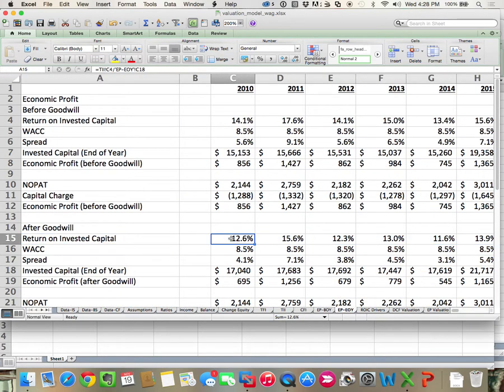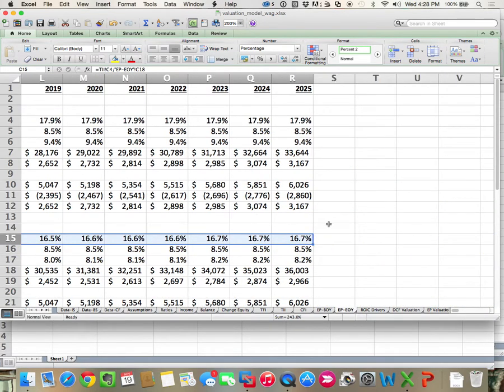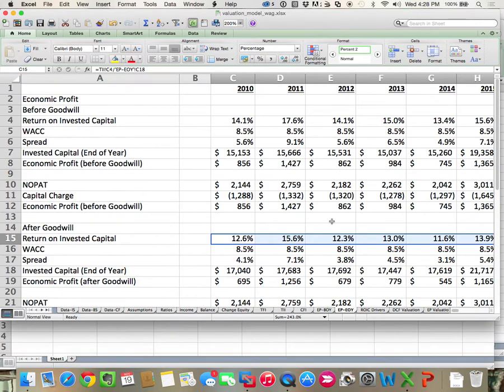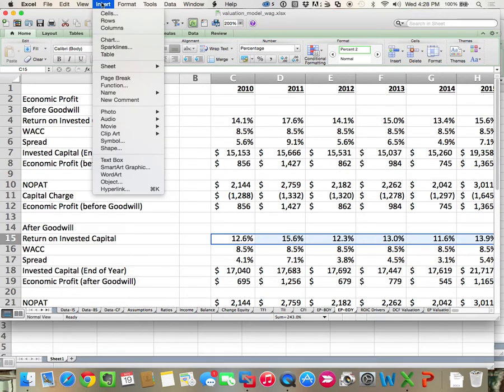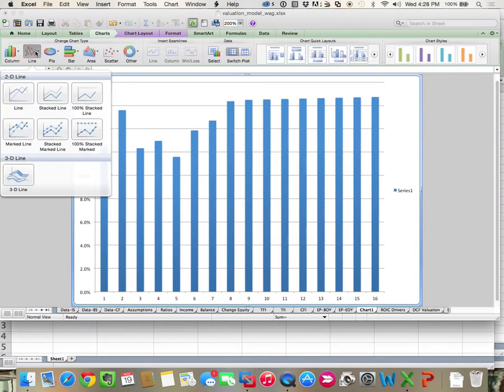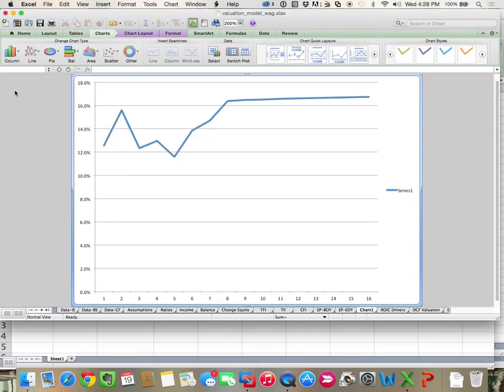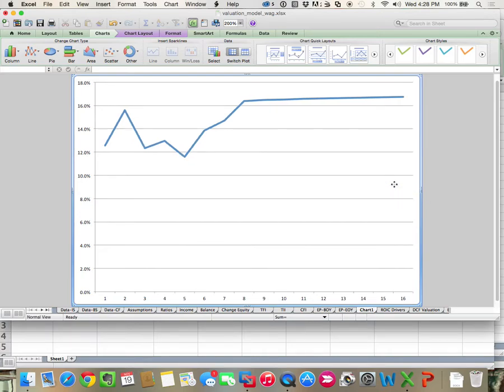This is the historical ROIC and the forecasted ROIC of the company. I want you to take all 16 of these years, the 5 historical years and the 11 forecasted years, and turn it into a line chart. So that's a line chart of the historical and the forecasted ROIC, in this case for Walgreens. On my line chart, 16 periods, I can right-click, select the data.